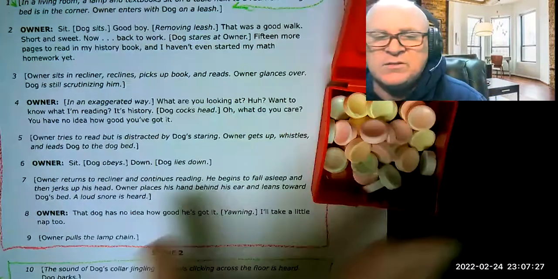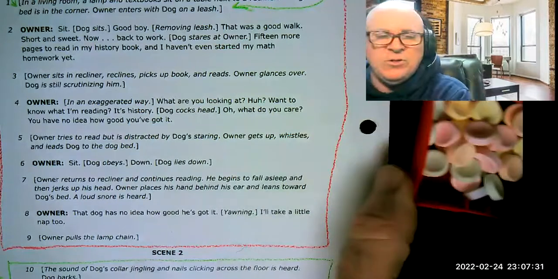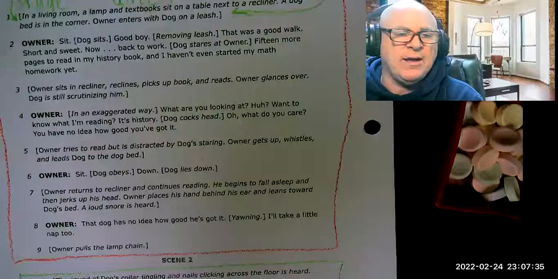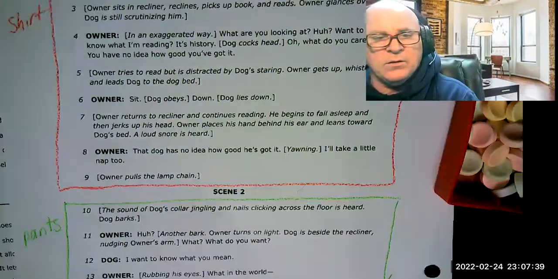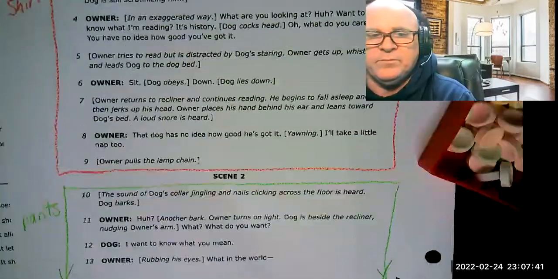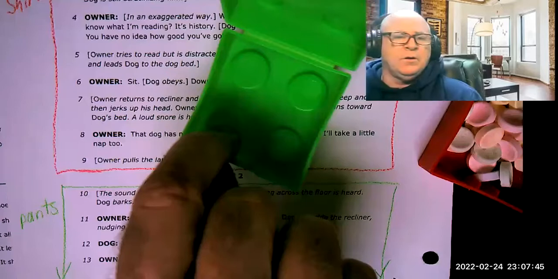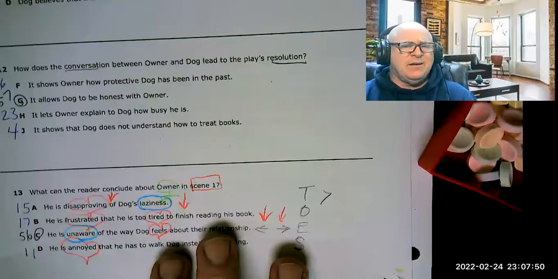So I move these to the side and let's see if we can, without having to look at what we'll call the pants, green, if we can figure out the answer. He is disapproving of dog's laziness.